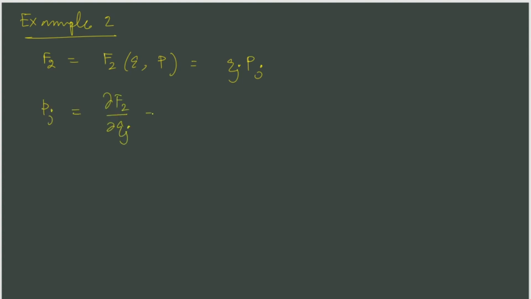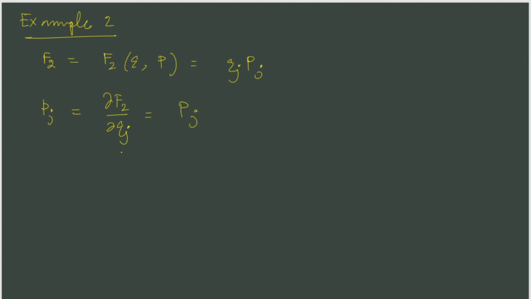Now look at another example. Here F2 is a function of old coordinates and new momenta, and given by this product, and of course there is a sum over j, which we are not mentioning most of the time. So what about the coordinates here? Well, the momenta is easy to calculate. It does not change.